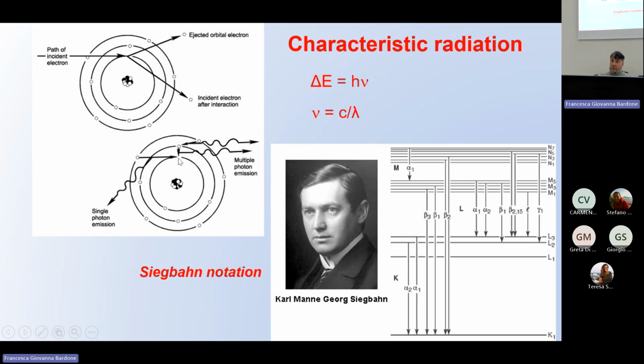In this jump, there is a release of energy, and this release of energy is in the form of a photon, an X-ray. And the X-ray has the energy of the difference of energy of the two levels.